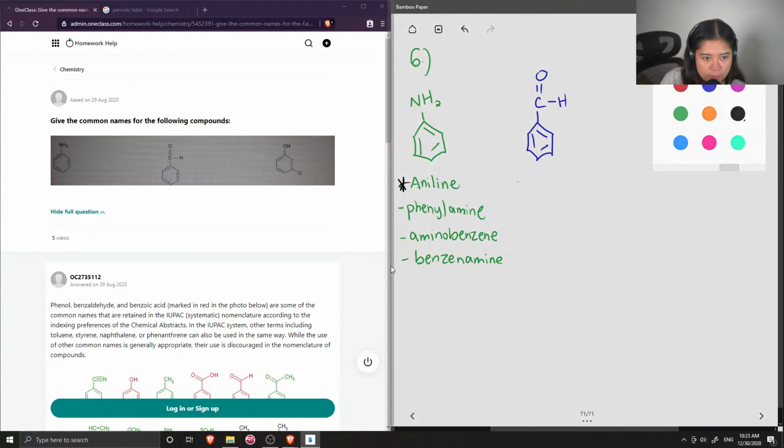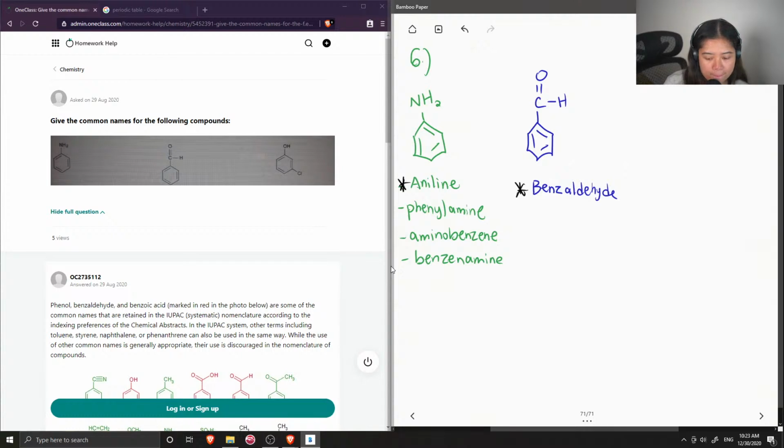And the most common name for this compound is benzaldehyde. Okay, I believe another less common name for this compound could also be benzoic aldehyde. But again, benzaldehyde is most commonly used.